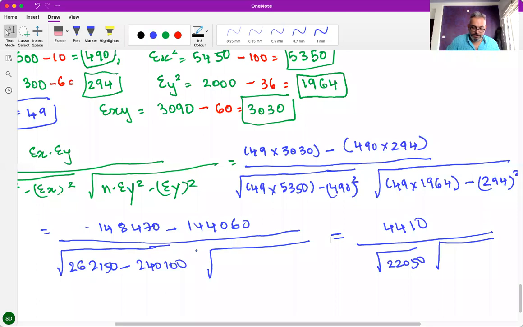Then 49 into 1964, which is 96236, minus 294 square, 86436.